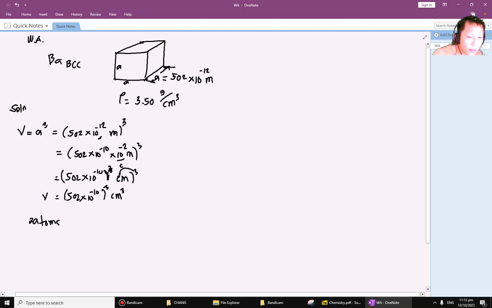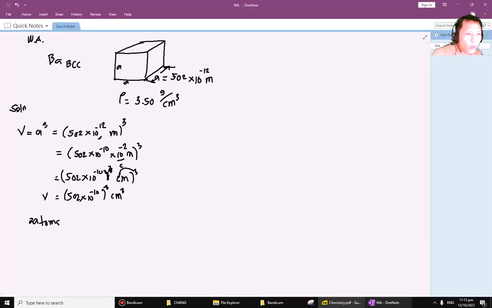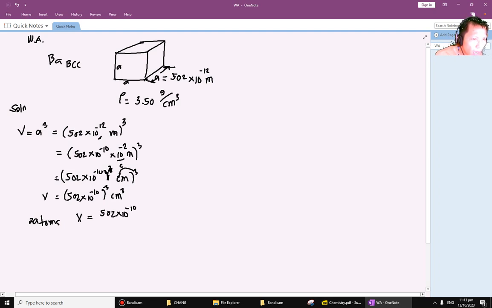So we can say, because the hint is telling us to calculate the volume occupied by 1 mole of barium atoms, while this is two atoms, meaning we could say the volume of two atoms is 502 times 10 to the negative 10 raised to 3, of course you still have the cubic centimeter per two atoms. Okay, so that's really what it means by calculate the volume of how many atoms, because we are to find the Avogadro's number.